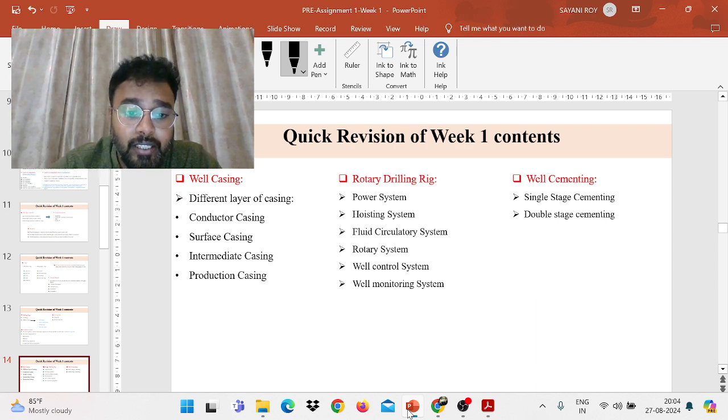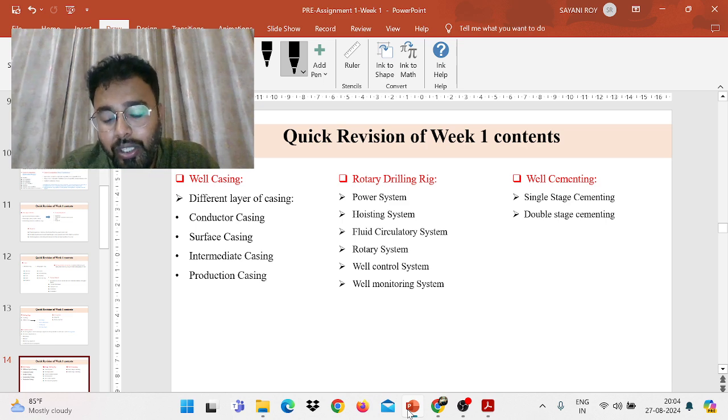So why are these casings mainly used? After drilling a hole, if we leave the hole open, the surrounding soil will converge and the hole will be filled with the soil surrounding it. So we need to make sure the soil doesn't converge and block the hole.